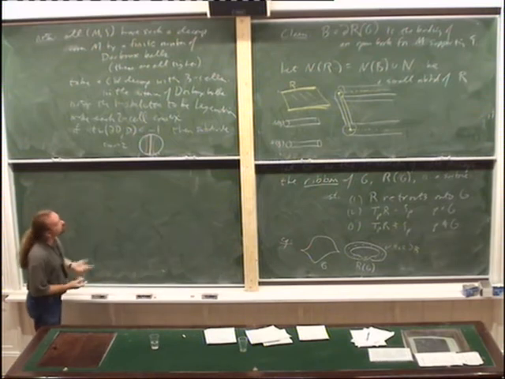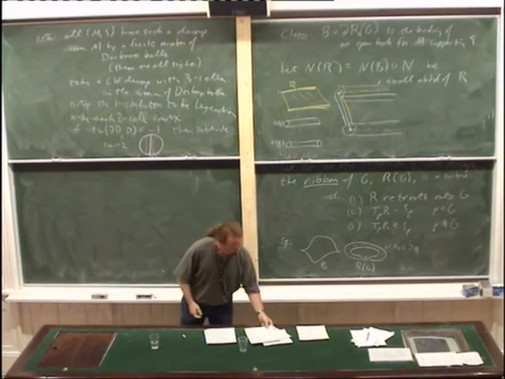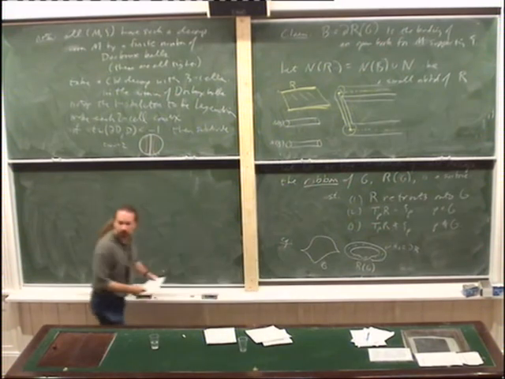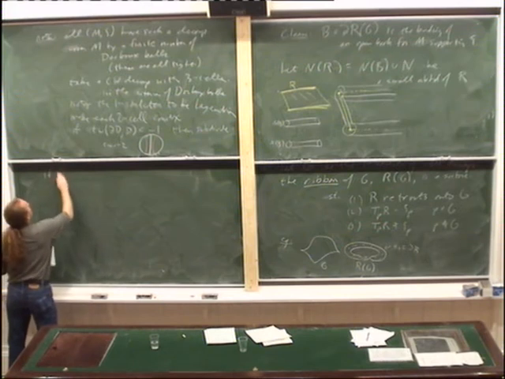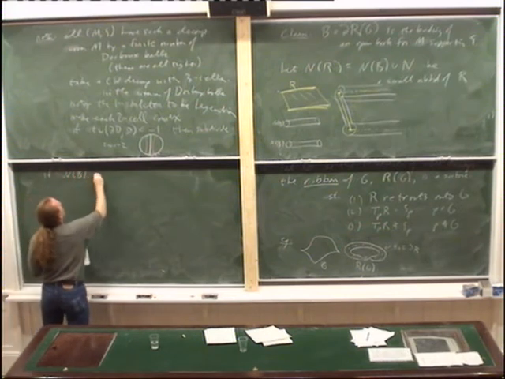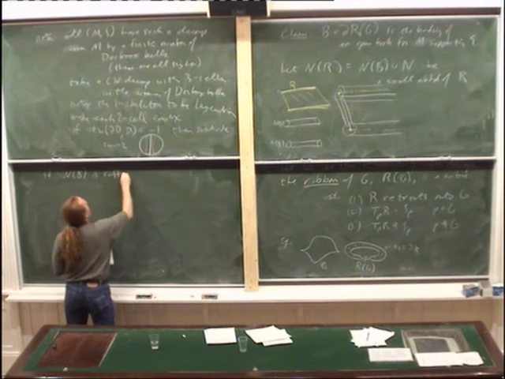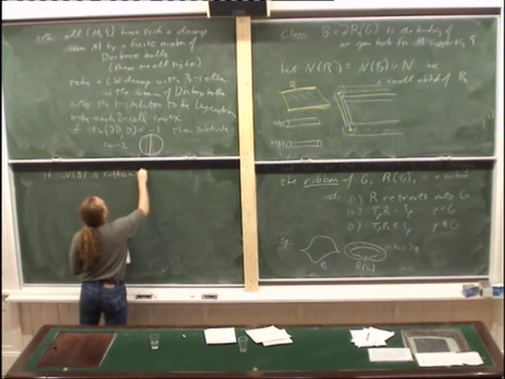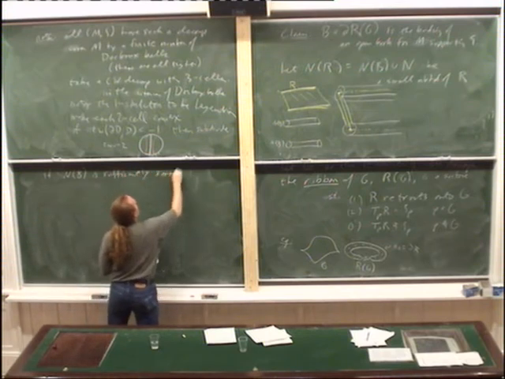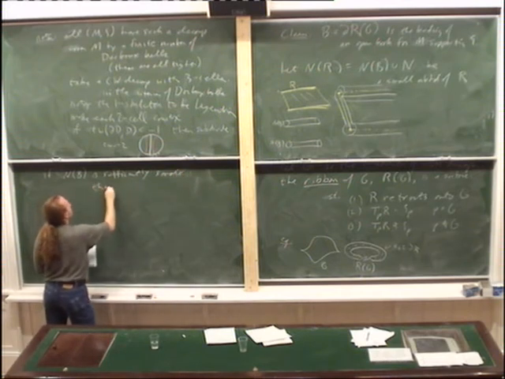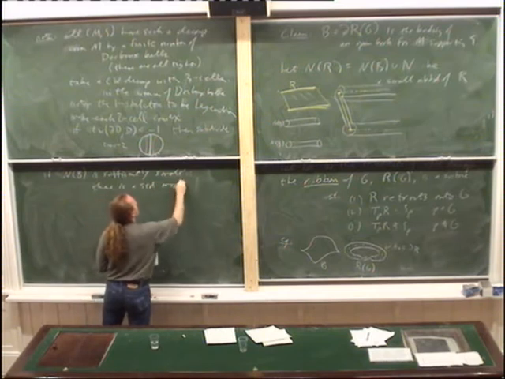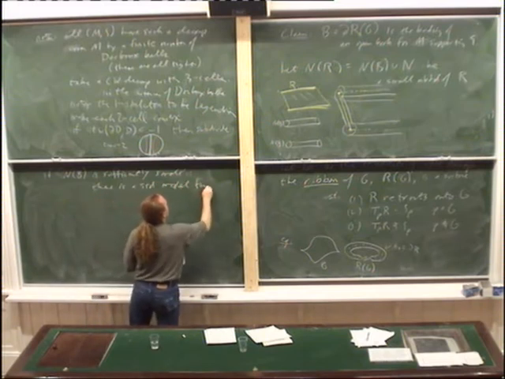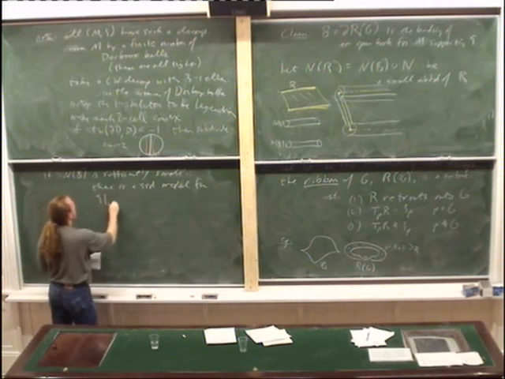So let's see, where are we now? If NB is sufficiently small, there's a standard model for C restricted to NB.